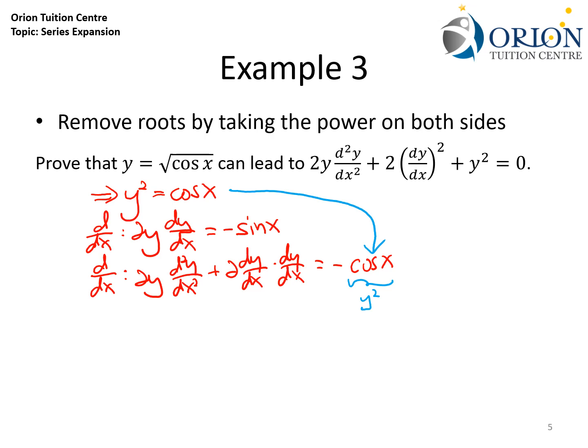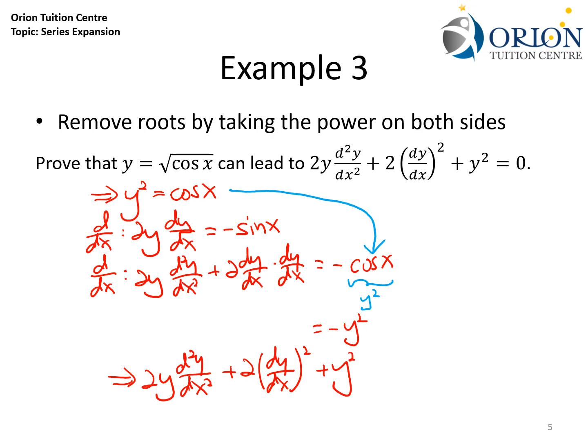Therefore, the right hand side of this equation becomes negative y². Now, I just have to bring everything to the left hand side and simplify the equation. And I will arrive at 2y d²y/dx² plus 2 (dy/dx)² plus y² equals 0. And this is the equation I'm required to show.